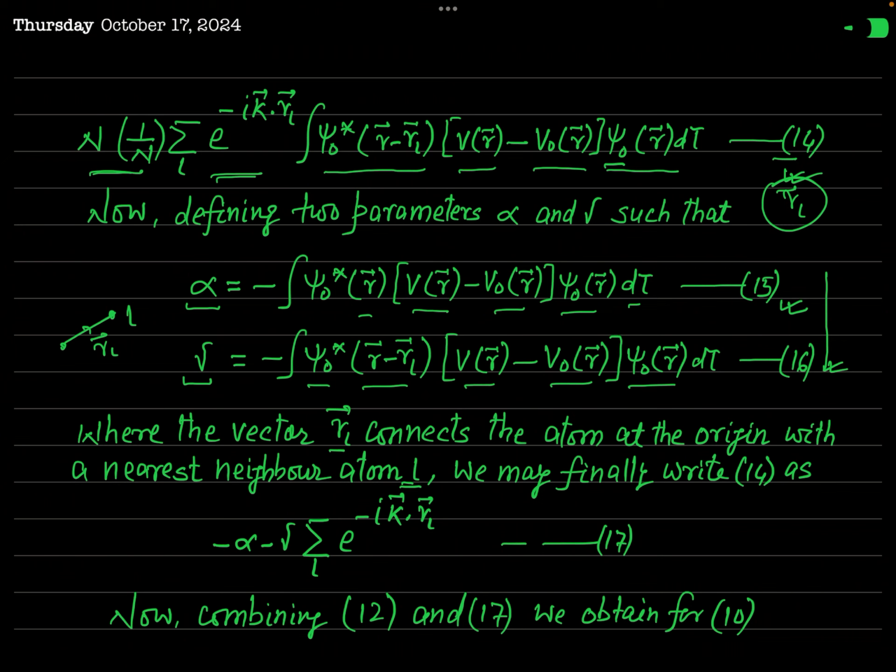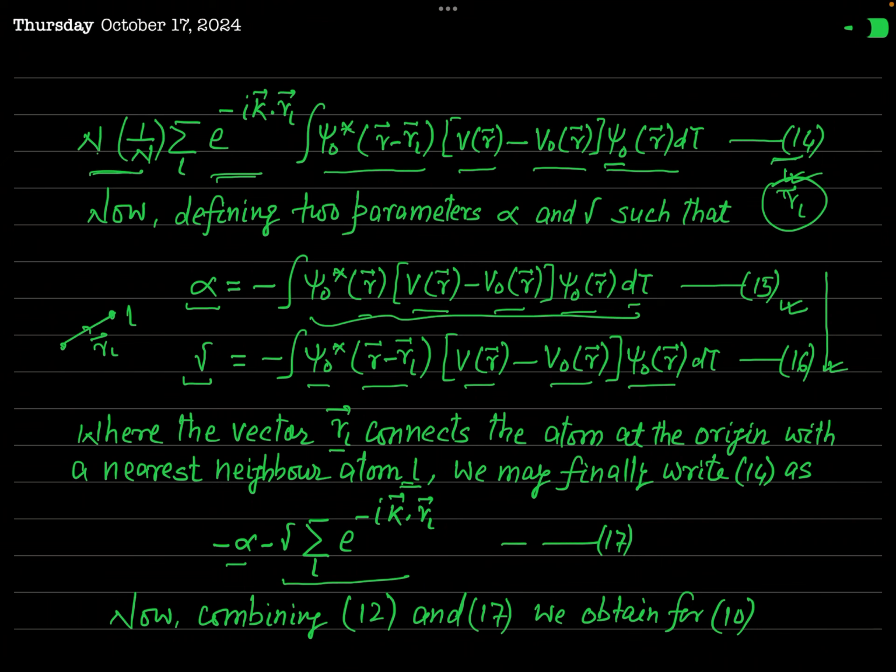Here the n and n will cancel out, and for the first integral we will write minus alpha, and for the remaining terms we will write minus gamma times summation over L of e to the power minus i k dot R_L.